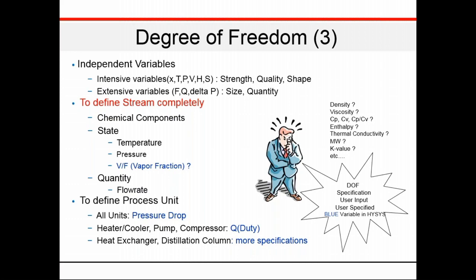Now, the next thing to talk about is defining a stream. When we are defining a stream, you are going to see how it looks very soon. You look at the chemical components, that is, the composition of each component of that stream.